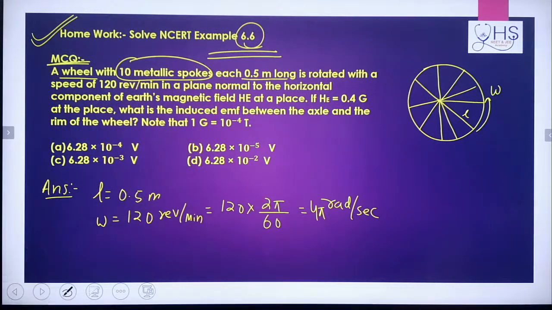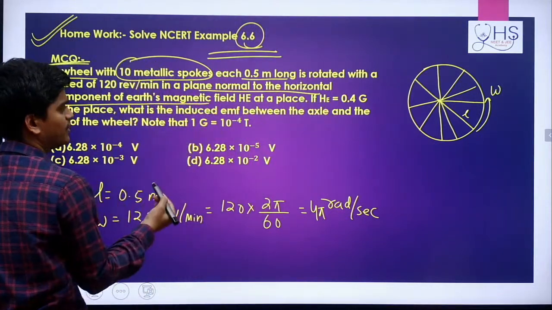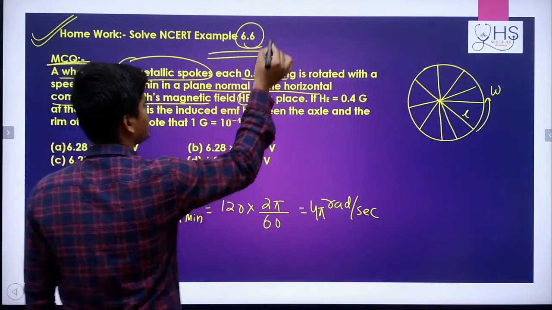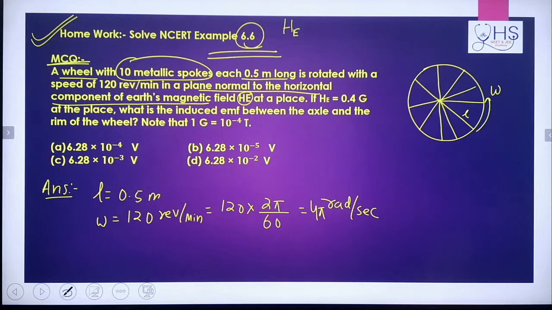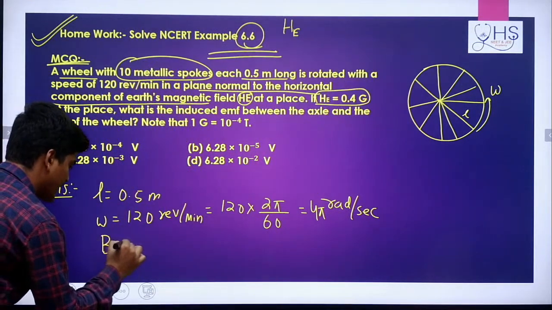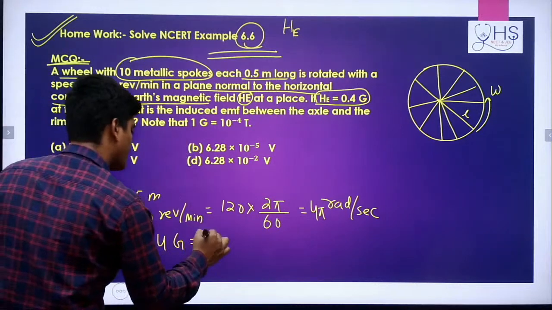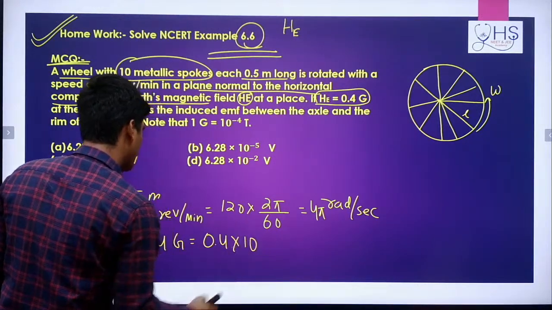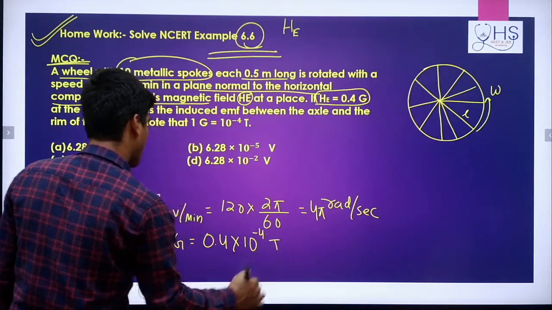So omega equals 4 pi radian per second, as given in the question. In a plane normal to the horizontal component of Earth's magnetic field, which they call HE, what is HE? HE is basically 0.4 Gauss. So here I will write the magnetic field B as 0.4 Gauss, or you can write 0.4 into 10 to the power minus 4 Tesla. Why?